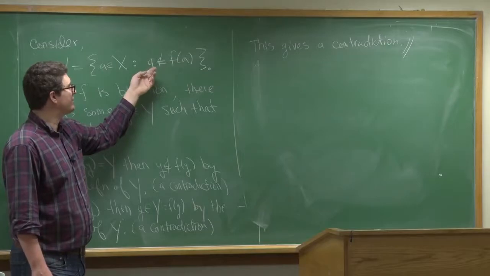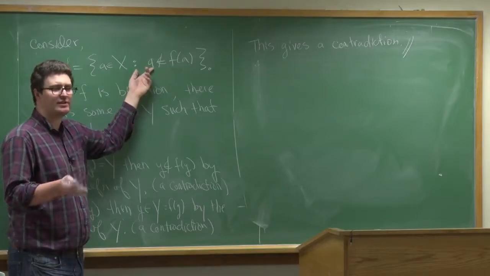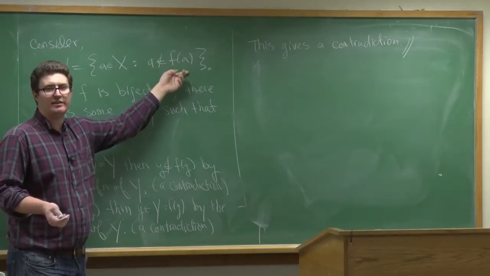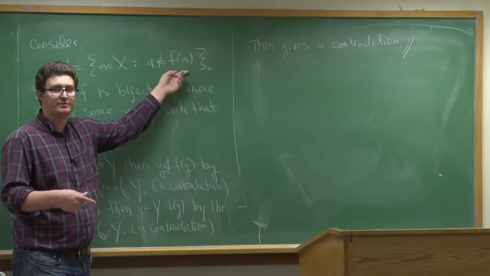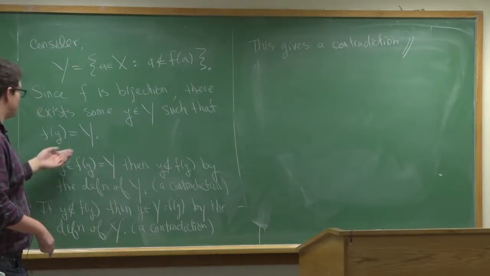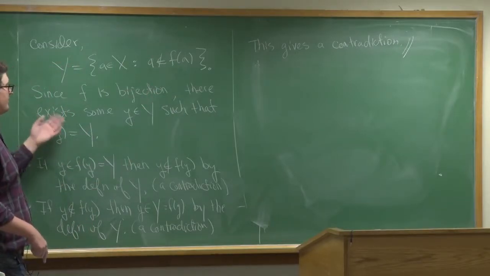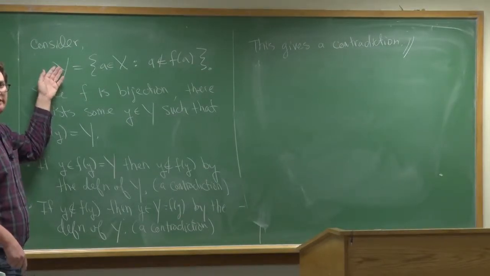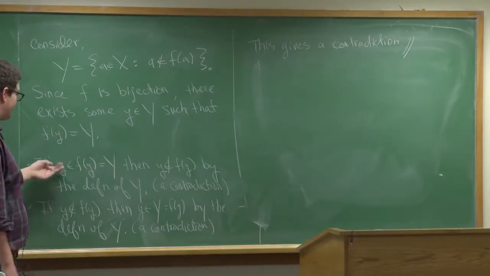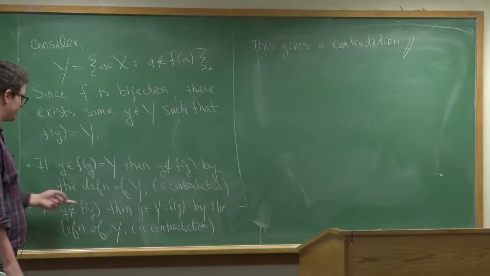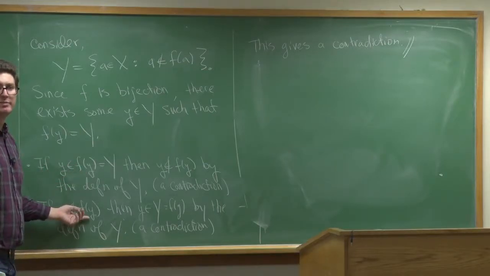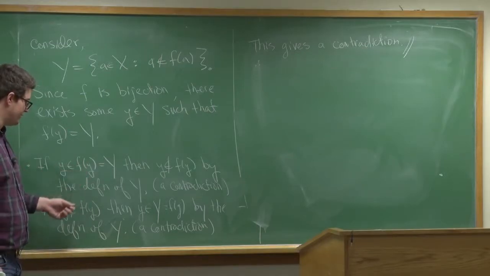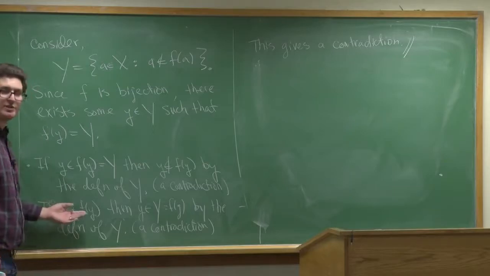And so you make this set of A's such that they're not in the set that A mapped to, okay? And since you constructed this, you have a bijection, so something maps to this guy, right? And you either have that y should be an element of this, or y should not be an element of this guy, right? Because one of these two things should be true, okay?